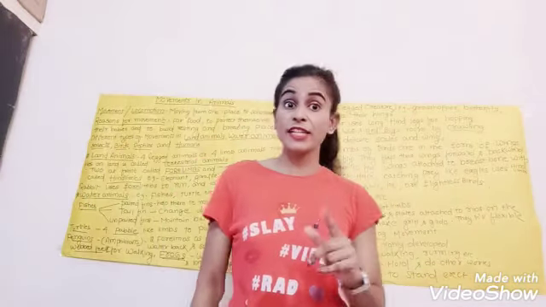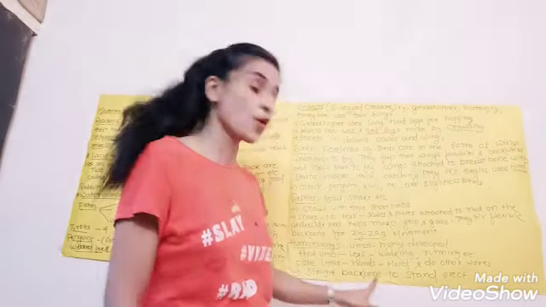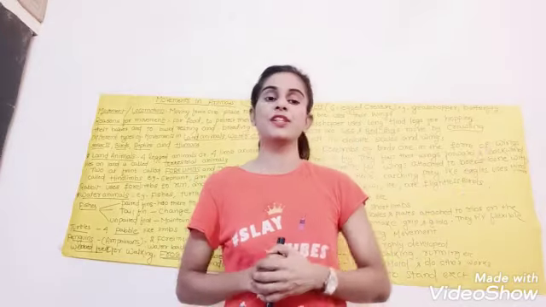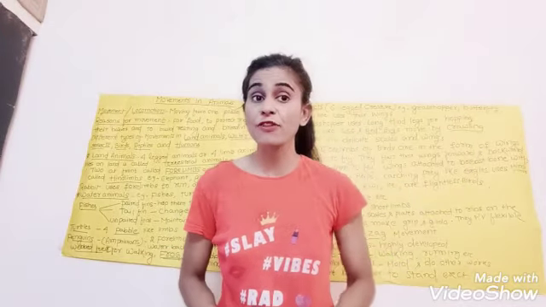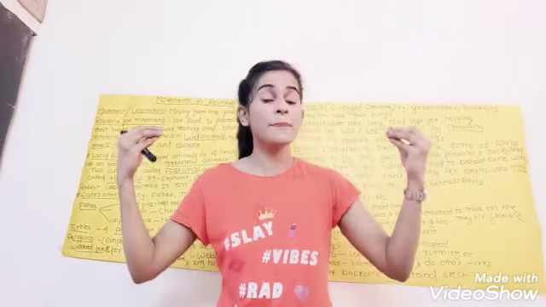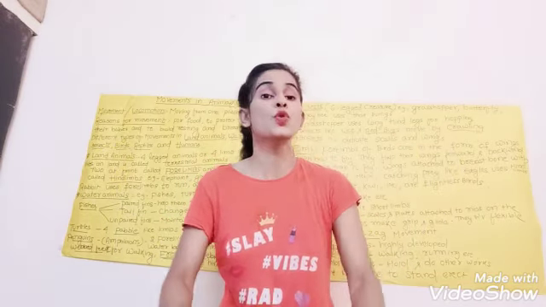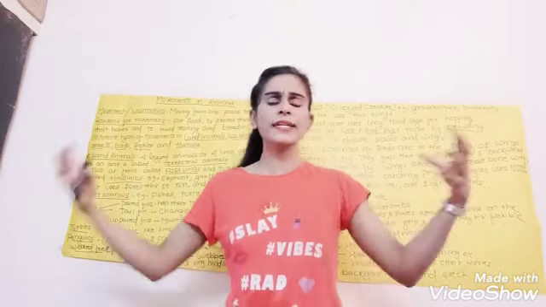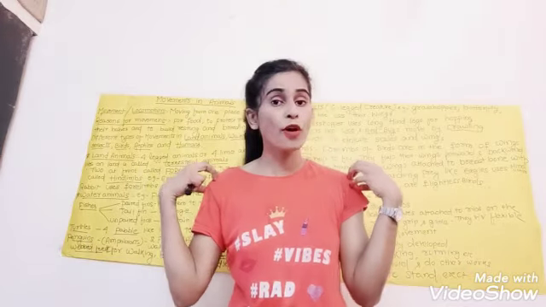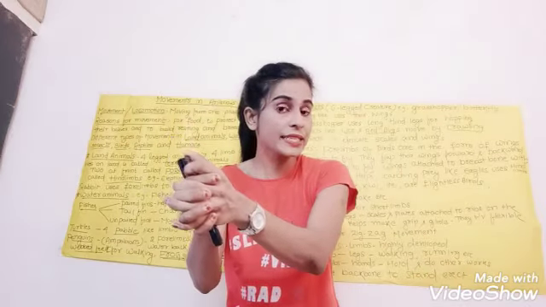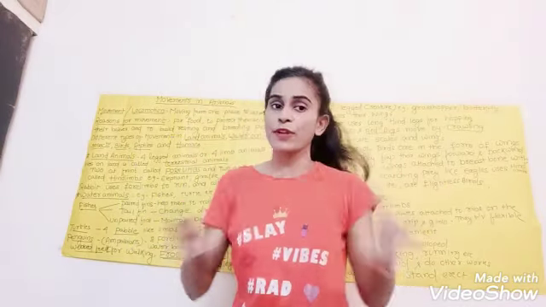And we have a very strong backbone which helps us to stand erect, my dear children. Humans have very well developed limbs: legs to walk, dance, run, and hands to hold things, to grip, to read, to write, everything we can do.